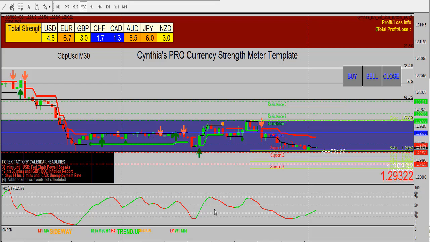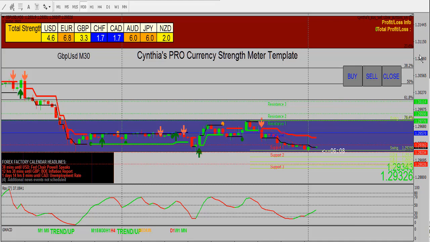And then this is the RSI indicator and the GMACD multi-time frame indicator. And then you also get the Forex Factory Calendar headlines, which I have set for red news alerts only and to alert me 10 minutes ahead before an event takes place.